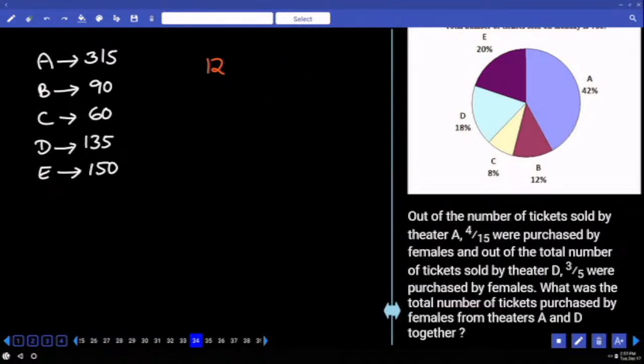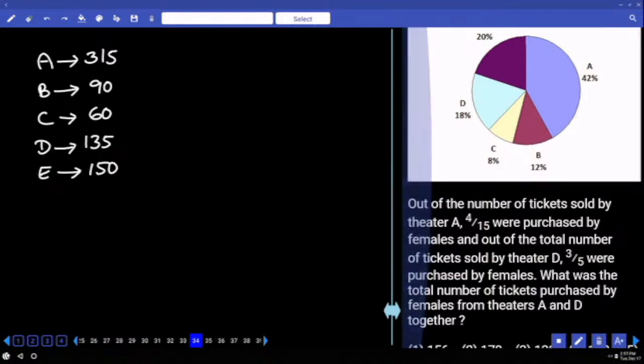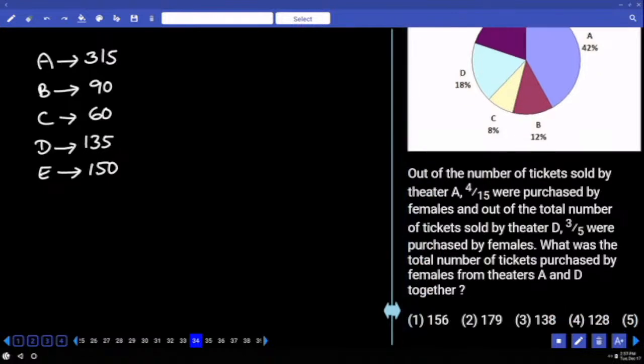Next, out of the number of tickets sold by theatre A, 4/15 were purchased by female, and out of the number of tickets sold by theatre D, 3/5 were purchased by female. What was the total number of tickets purchased by female from A and D?